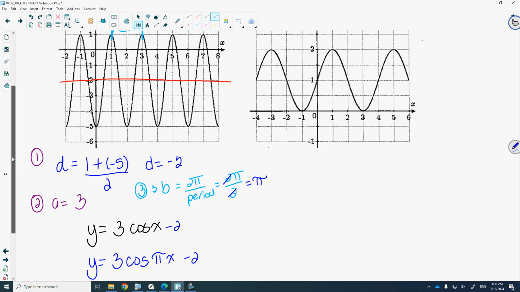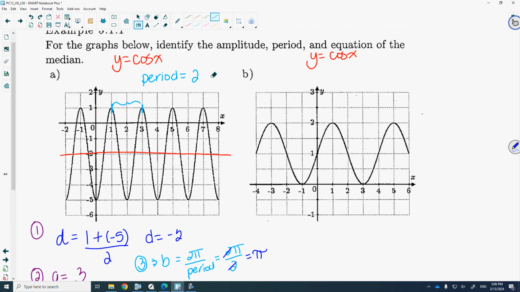Now we need to figure out the phase shift. So what is important for the phase shift is you're always measuring from the y-axis. If it's a cos graph, you go from the y-axis to the nearest peak, okay? If it was a sine wave, you'd go from the y-axis to the midline, like you'd be on your midline, and you'd go in the direction that would take you to your rise.